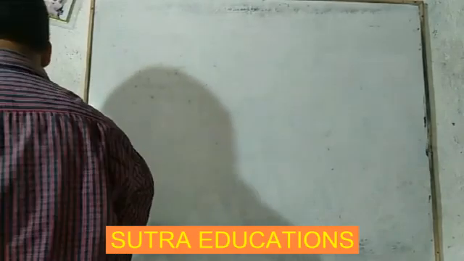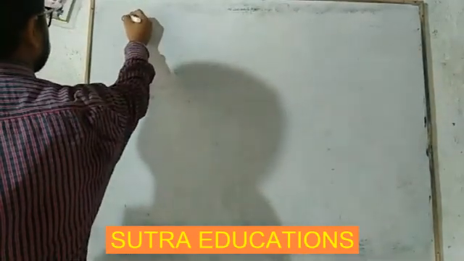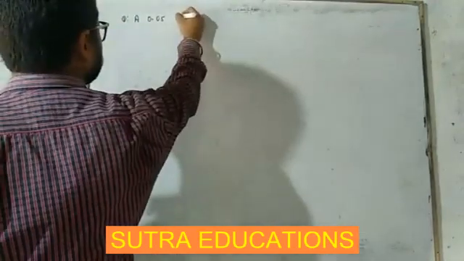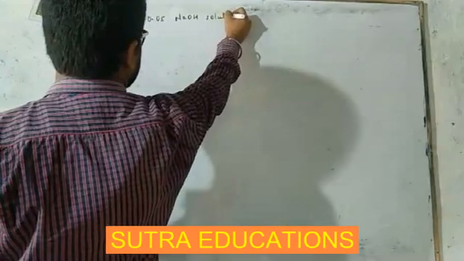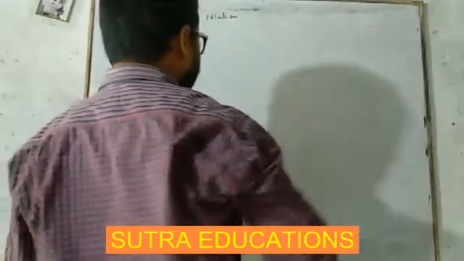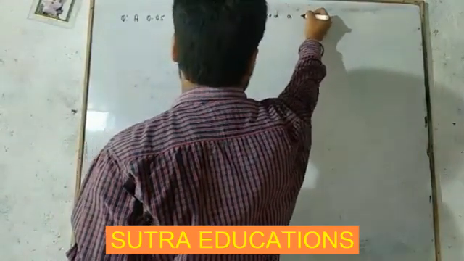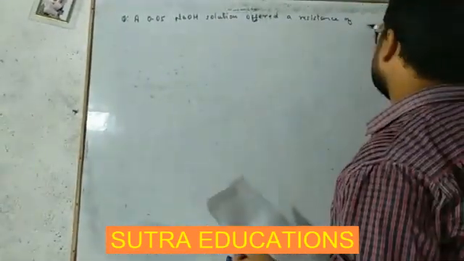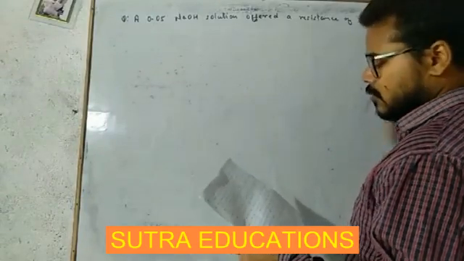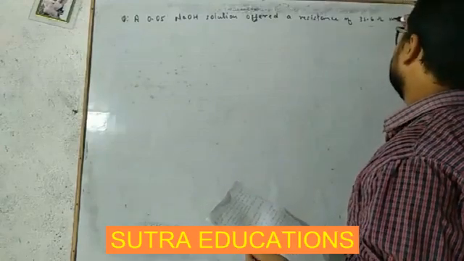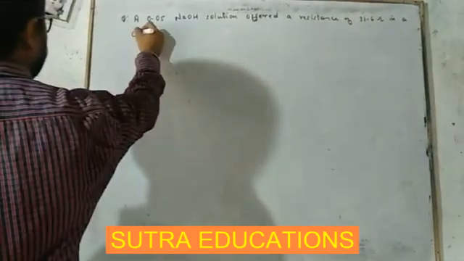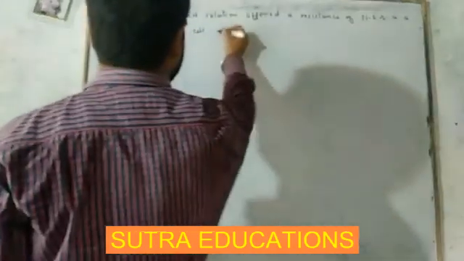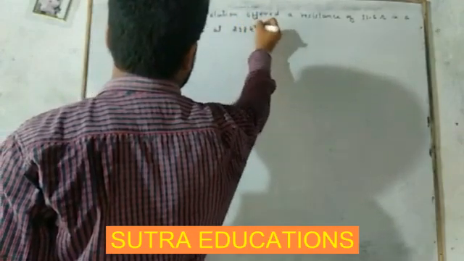A 0.05 NaOH solution offered a resistance of 31.6 ohm in a conductivity cell at 298 Kelvin.